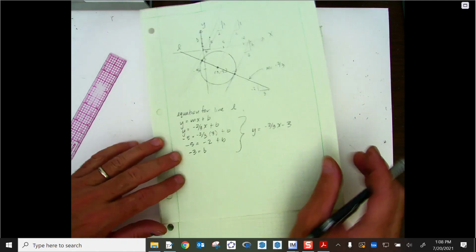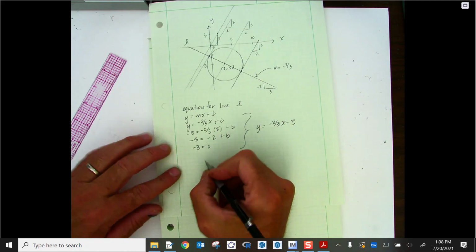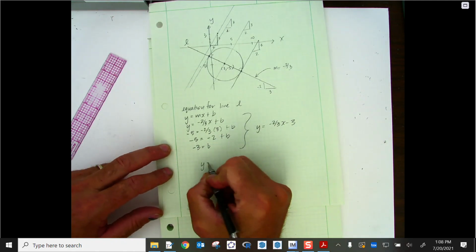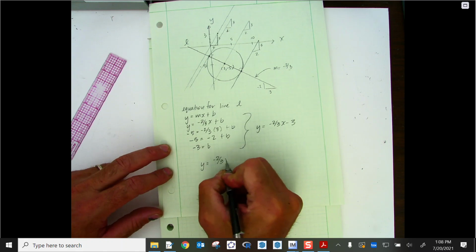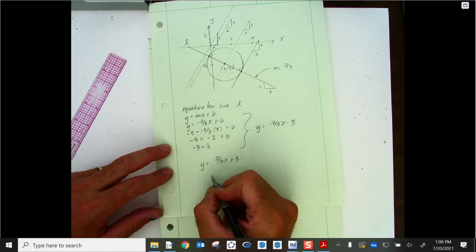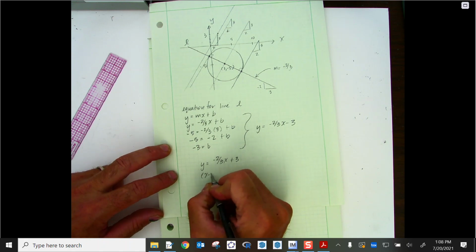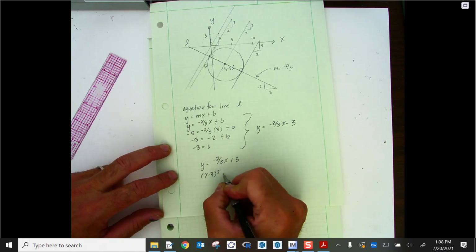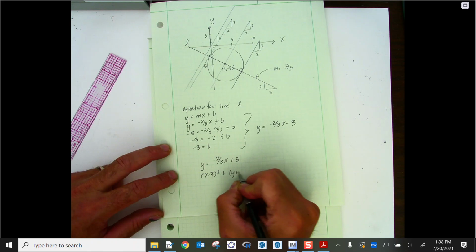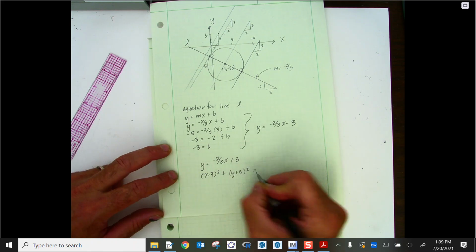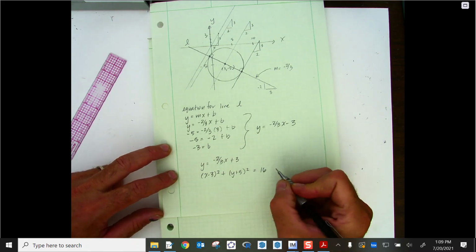So now all I need to do is solve a system. The system I need to solve is y = negative 2/3 x minus 3, and the one for the circle, which we found in the last problem: (x - 3) squared plus (y + 5) squared equals 16.